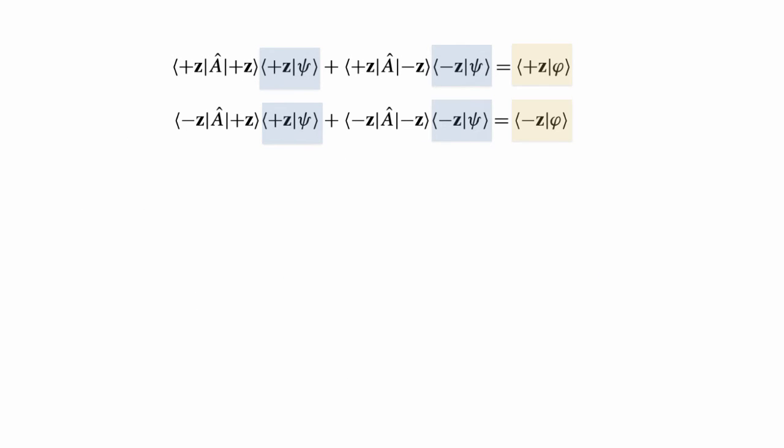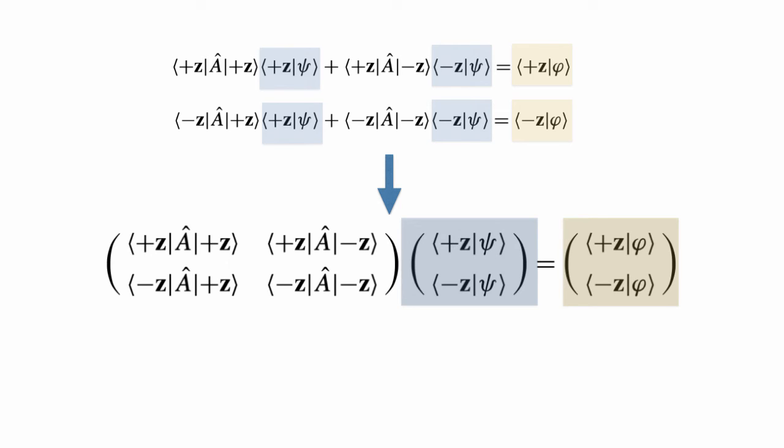So these are the two equations I was talking about. Can be written in a compact form like this. So in other words, we find this usual correspondence between these two coupled equations and a matrix vector relationship. But we already know what the two vectors are. These are representations of two kets in the plus z minus z basis.